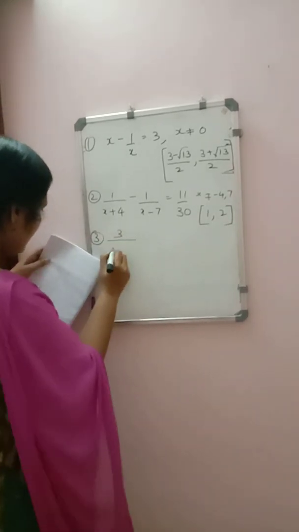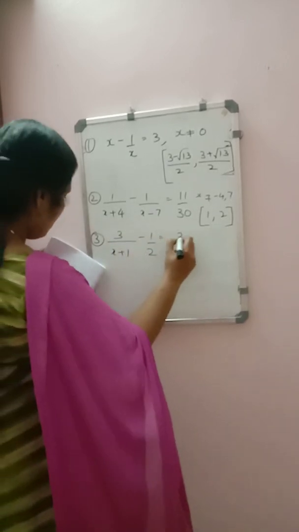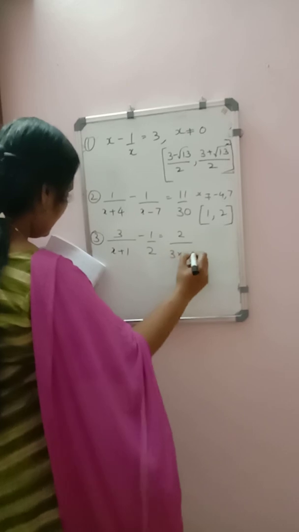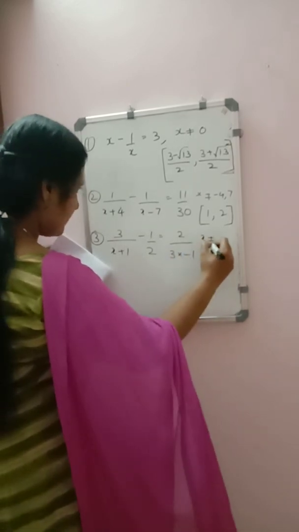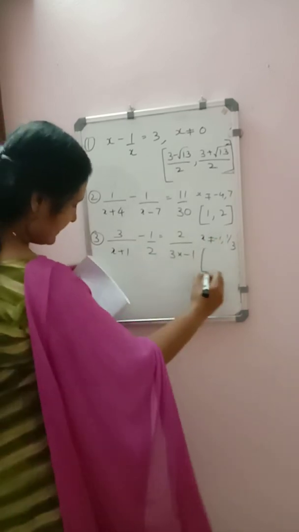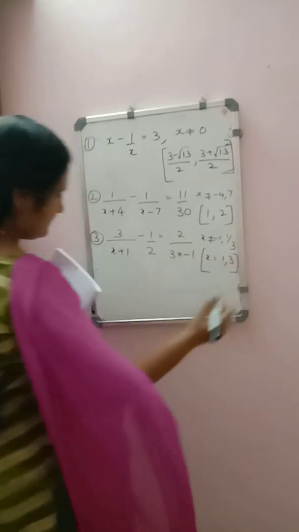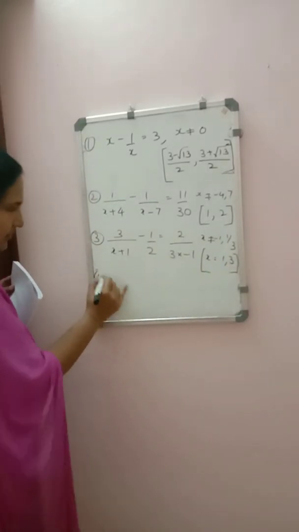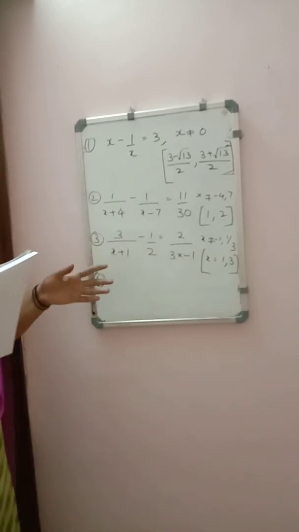3 by x plus 1 minus 1 by 2 is equal to 2 by 3x minus 1. Again the condition is given, x not equal to minus 1 comma 1 by 3. And the answer is x is equal to 1 and 3. I am giving the answers also, so that you know whether your answer is correct or not.